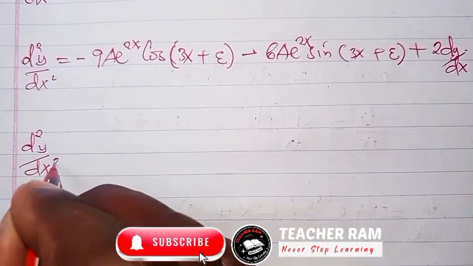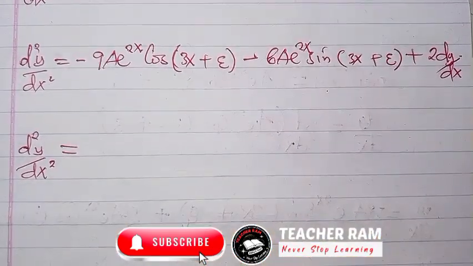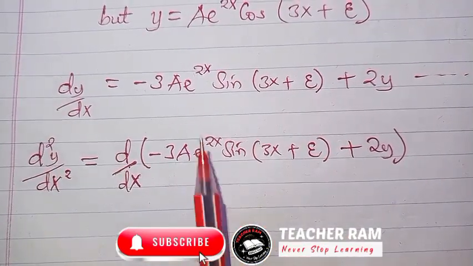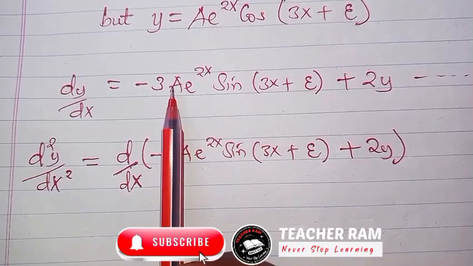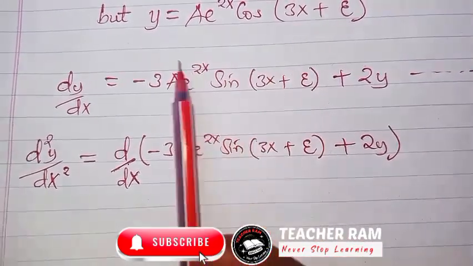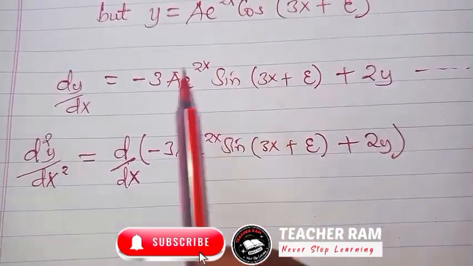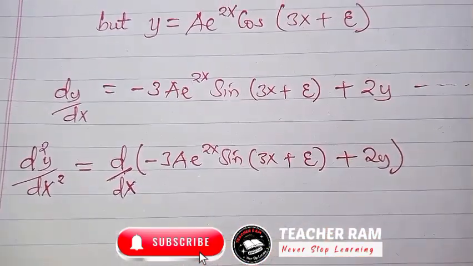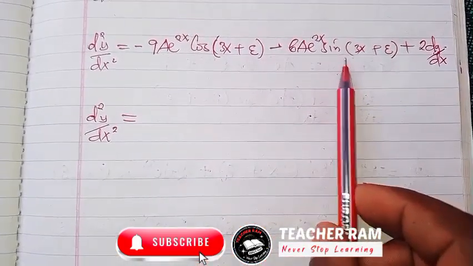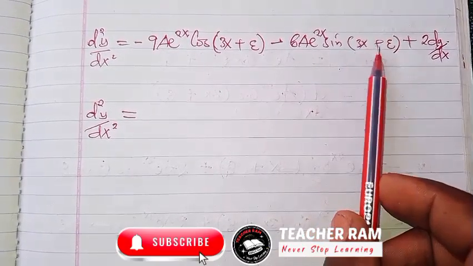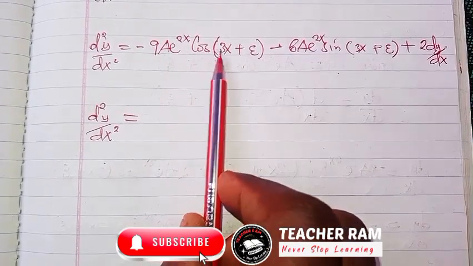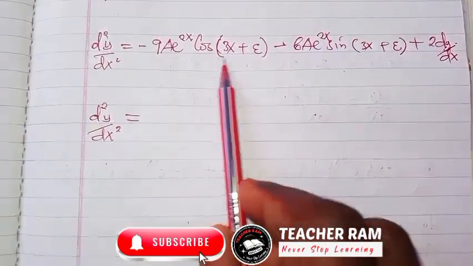d²y/dx² is equal to, so if you look carefully in this equation here, we can see we have negative 3 a e^(2x) sine of (3x + epsilon). We can use this equation to replace a certain function here where we have the sine of (3x + epsilon). And again, if you look carefully here, we have a e^(2x) cosine of this one, which is the given function y.